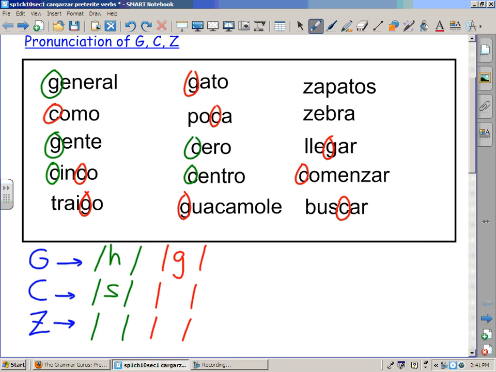Which two sounds does it make? Guacamole, yes. Is it hard or soft? Okay. So we'll make it like that to remember it sounds like. Now with the Z's, we have the sound like English, or which is the soft?